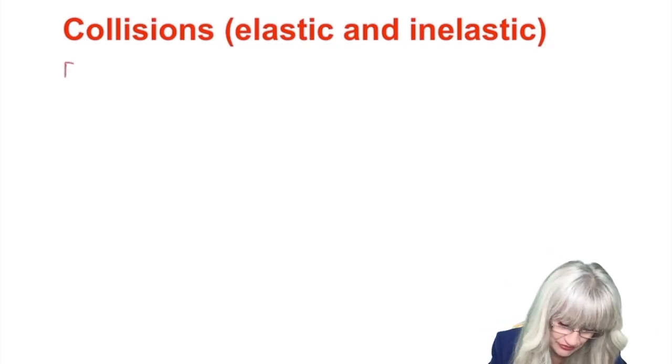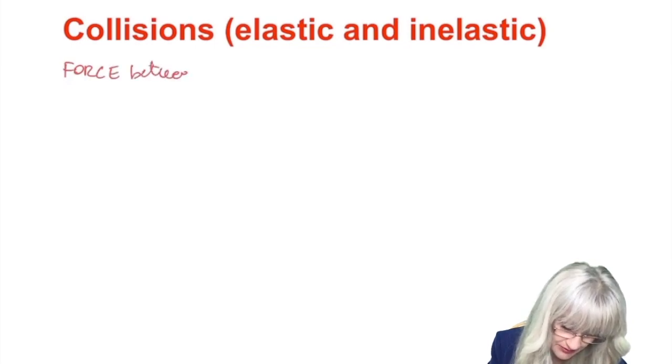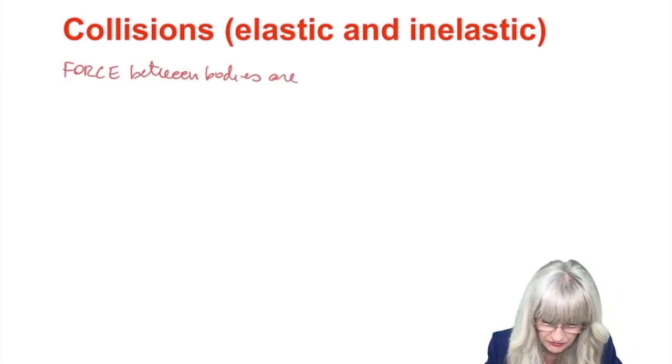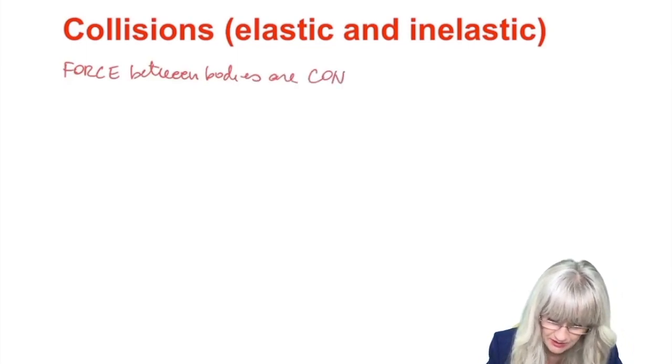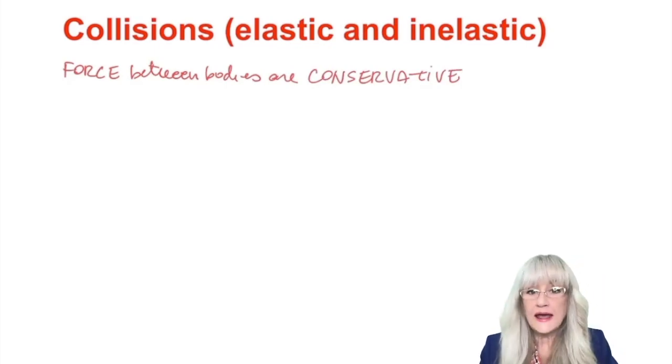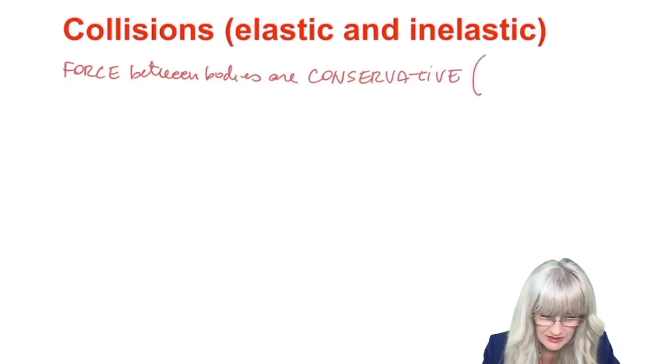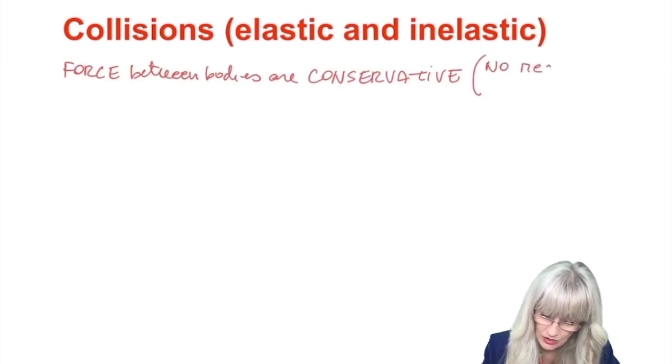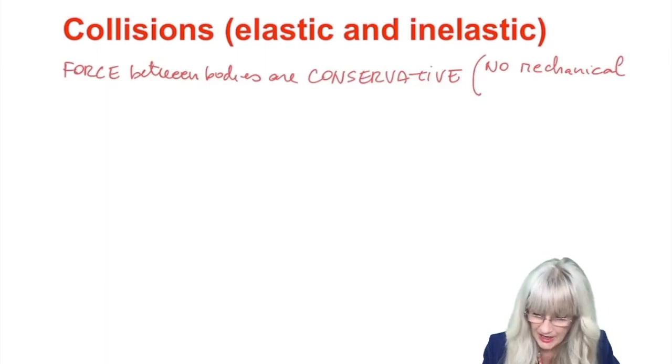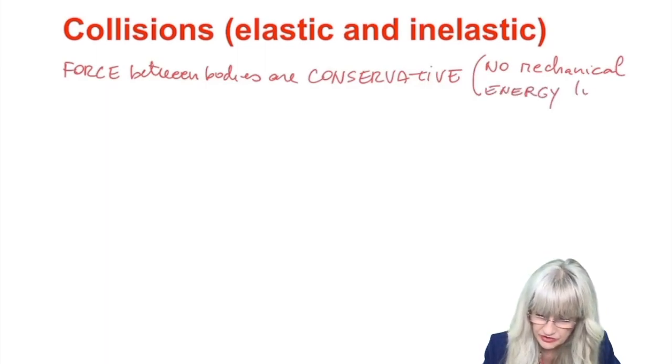So when the forces between bodies are conservative, you say, what does it mean? Conservative means nothing else, I'm going to put it in parentheses, that there is no mechanical energy loss.